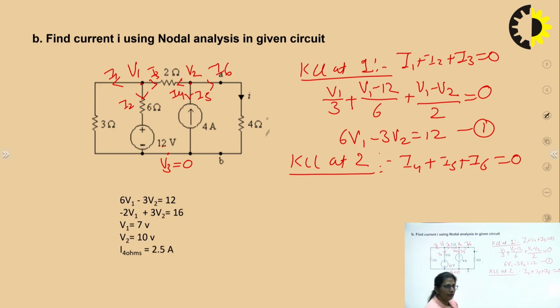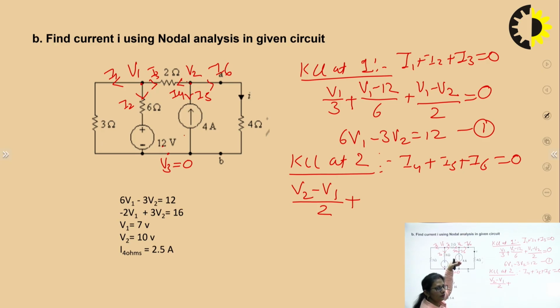How can I write I4 this time? Now I4 is flowing from 2 to 1, so I'll write it as V2 minus V1 upon 2, because this time we are considering V2 as higher potential, that's why we have given the direction towards V1. Plus I5. I5 is itself a current source, so we need not write it as some voltage divided by resistance.